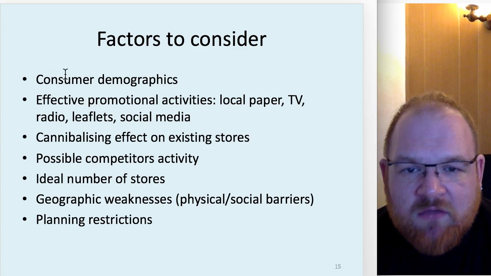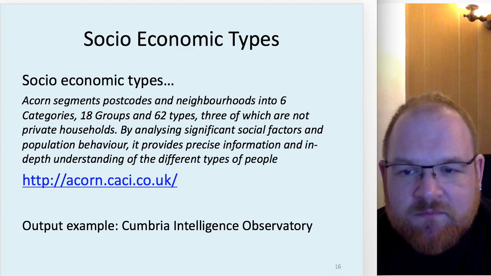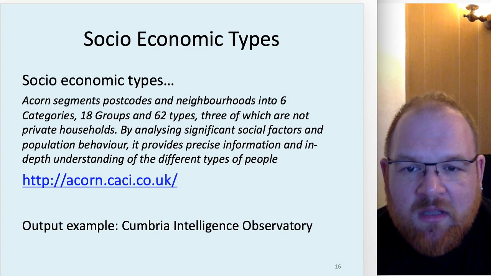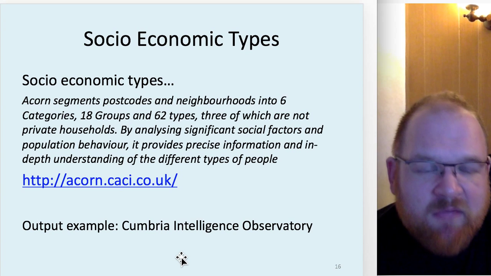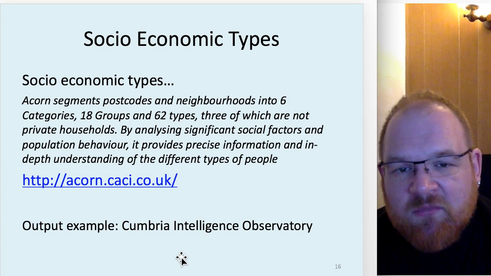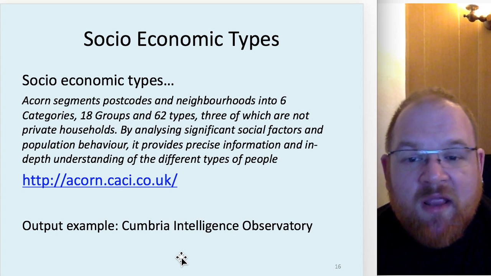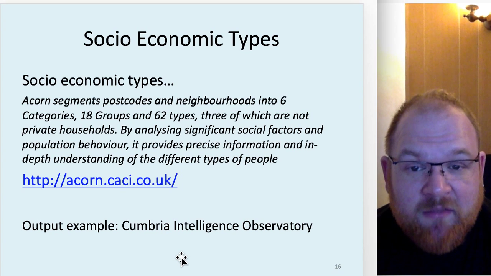So just looking at customer demographics now, a great place to look is Acorn, which groups people into around about 62 types of people. It's a great thing to have a look at. I really recommend that you look at this.